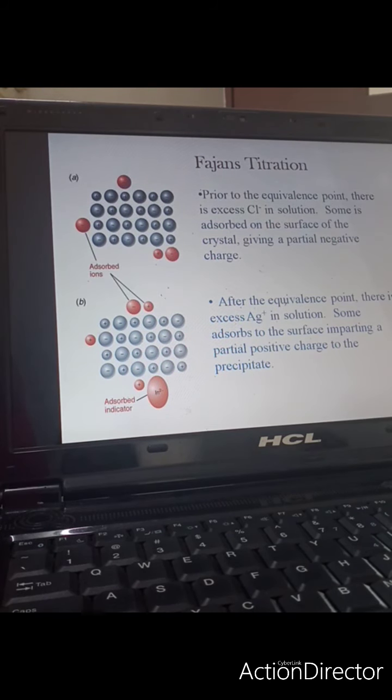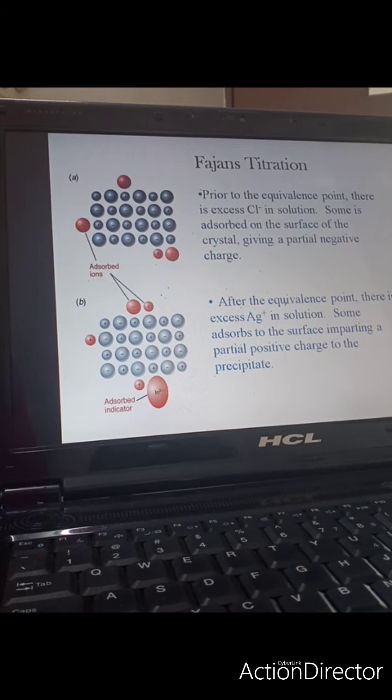Now let us discuss what actually happens in the Fajans titration. When you see in the conical flask, prior to the equivalence point, there will be excess of chloride ions, and some of them will be adsorbed on the surface of the crystal, and that will give it a partial negative charge.